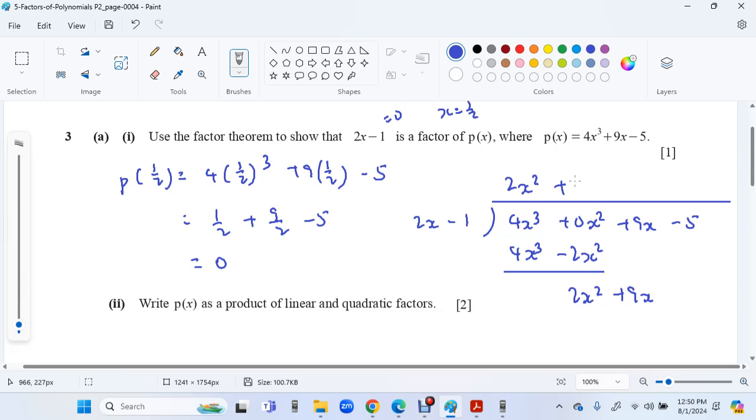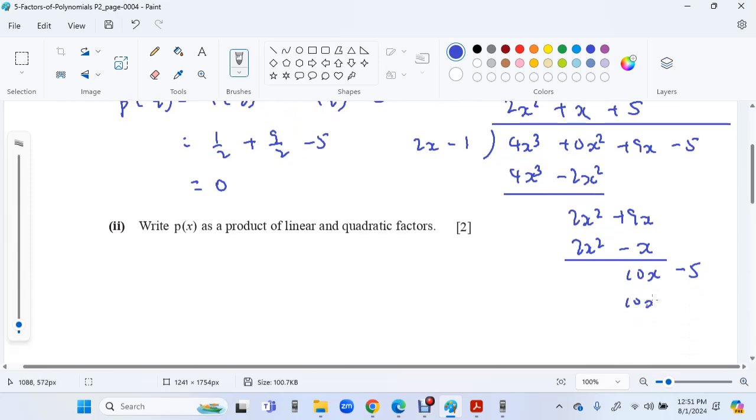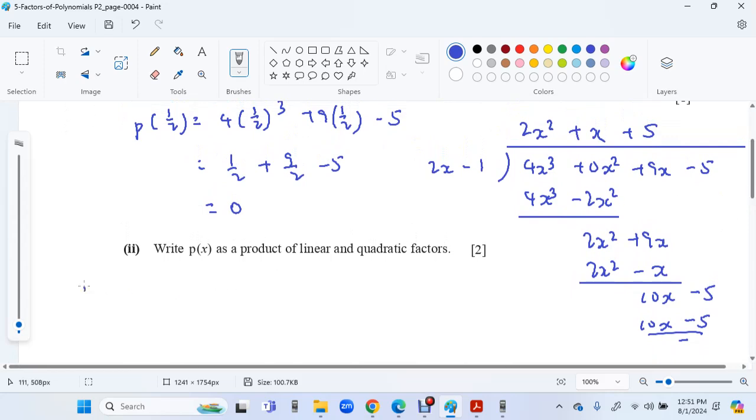So plus 2x, plus x, then it becomes 2x squared plus x, and we have 9 minus negative 1, which is 10x minus 5. So plus 5, then it becomes 10x minus 5. So the P(x) is 2x minus 1, 2x squared plus x plus 5.